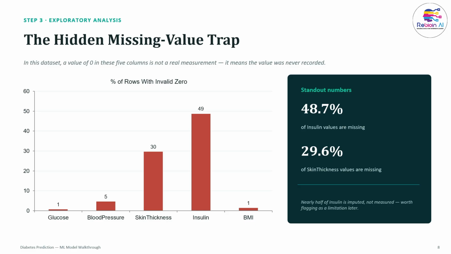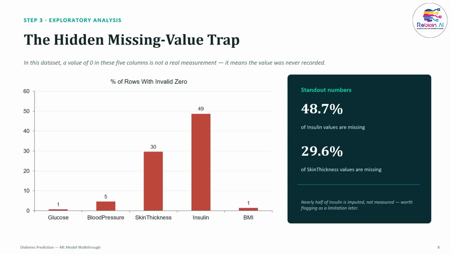Now look at these numbers. Insulin is missing in 48.7% of rows. Yes, you can see insulin is missing. This is the graph. Now, that is essentially half the data set, right?